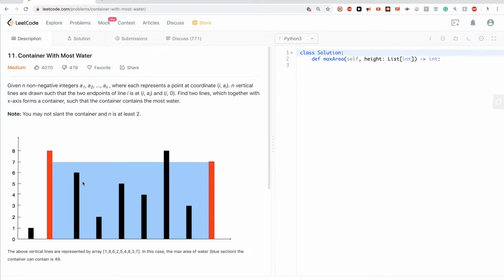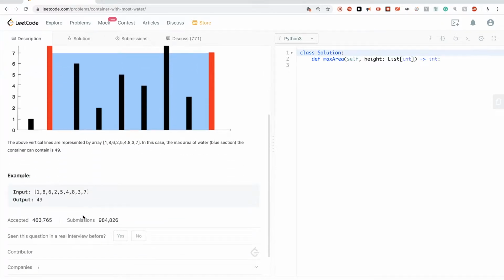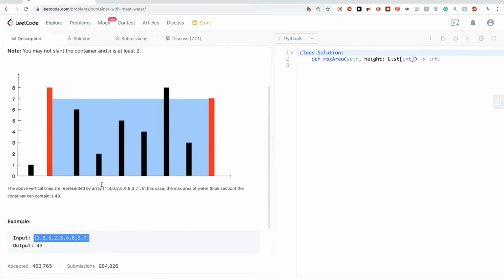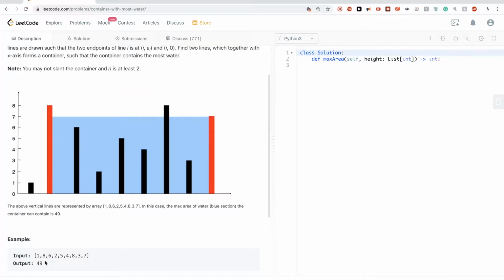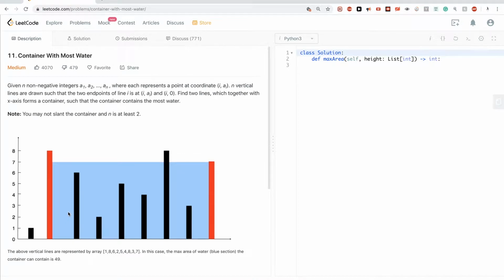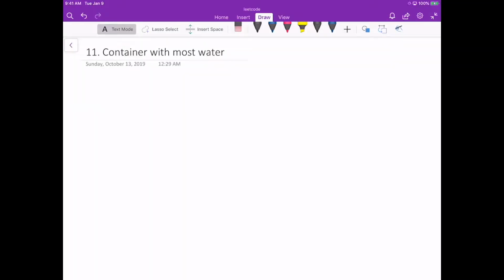You can see in this example that the one that contains the most water is the one colored blue here, and the area of that one is 49. So how can we solve this problem? Let's take a look.